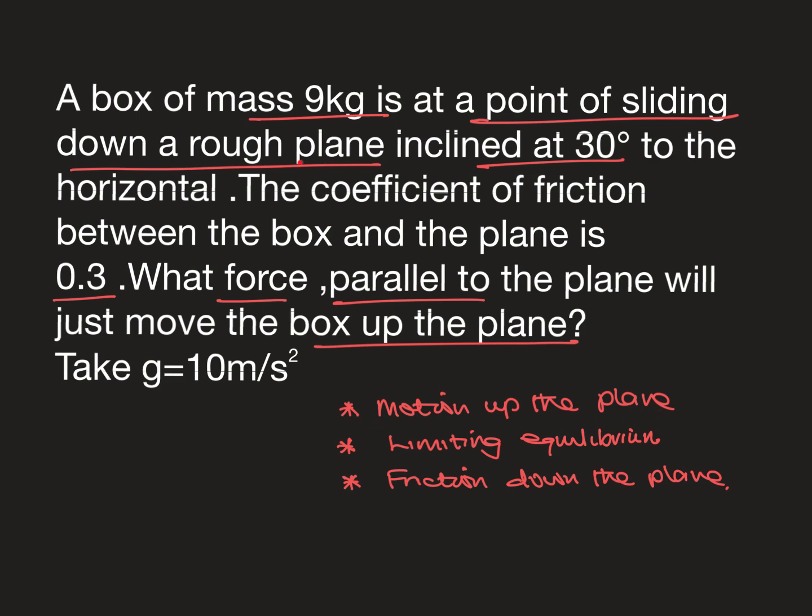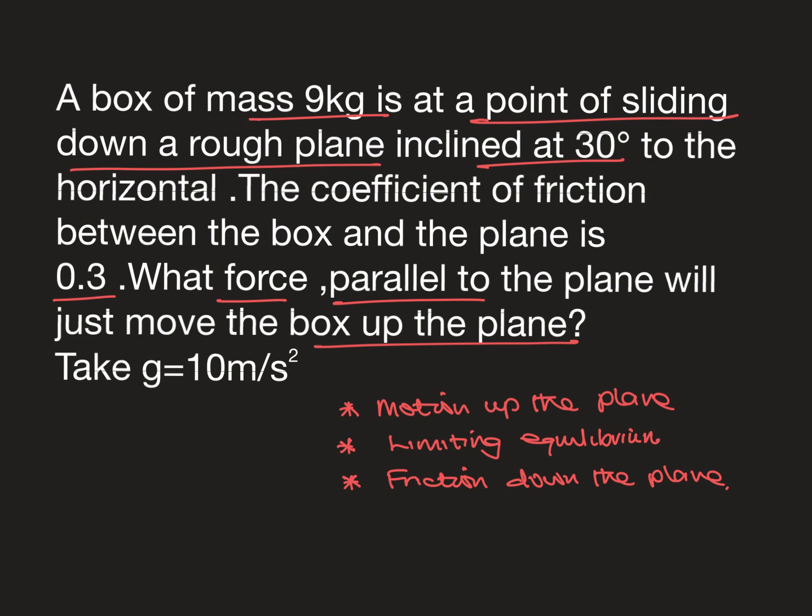Do not be confused by the statement that the body is at a point of sliding down the plane. What you have to consider is the direction of the applied force. So the force is applied upwards in order to move the body up the plane. So it means the friction has to act in the opposite direction, that is down the plane.